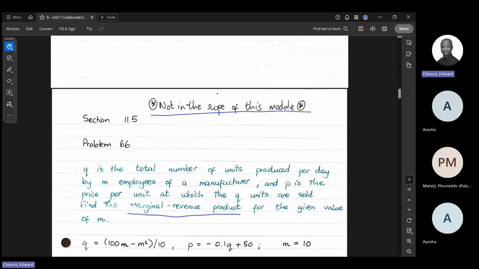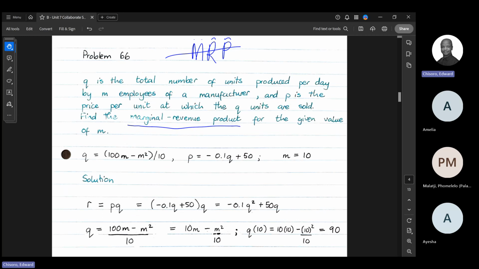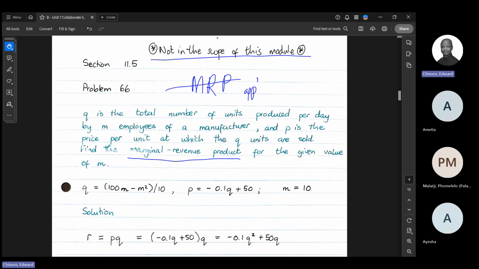I reviewed your lecture videos and I think it's the same as example 8, and Mr. Van Reenen says it's not in the scope, so we'll skip this. It's just about marginal revenue product, so that is not in your scope. It's just an application, so I'm going to write application of the chain rule.